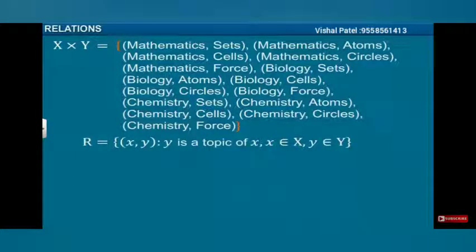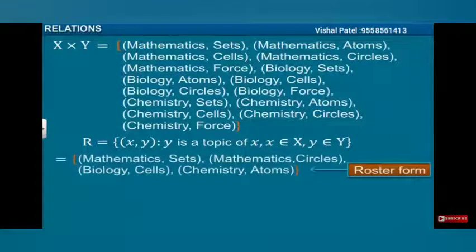Now what is a relation? Relation R is equal to {(x, y) where y is a topic of x}, where x belongs to X and y belongs to Y. So here our relation R is denoted in set builder form. What is our answer? Y is the topic of X, right?